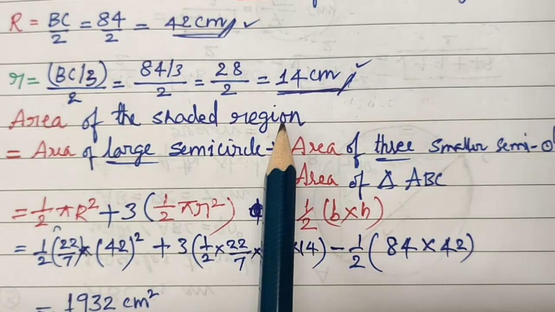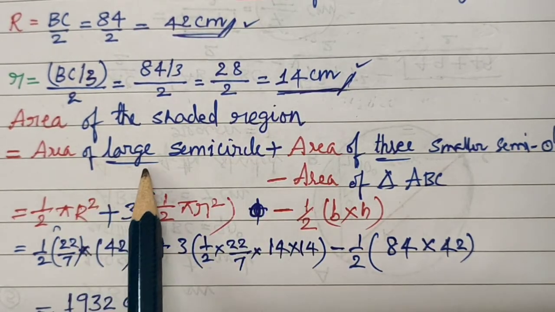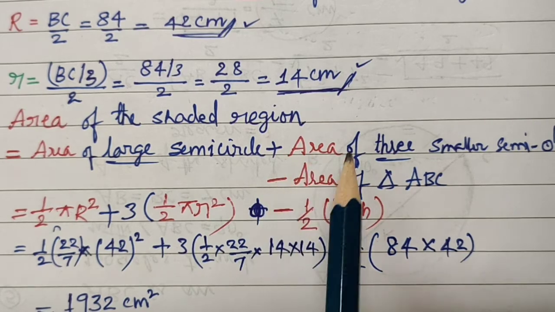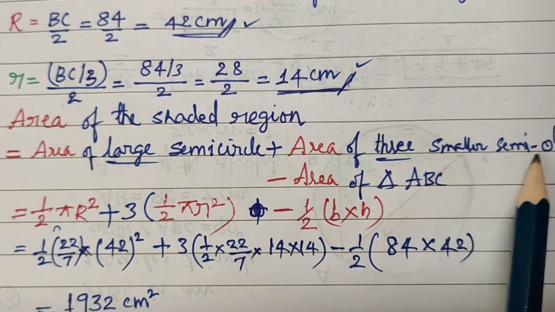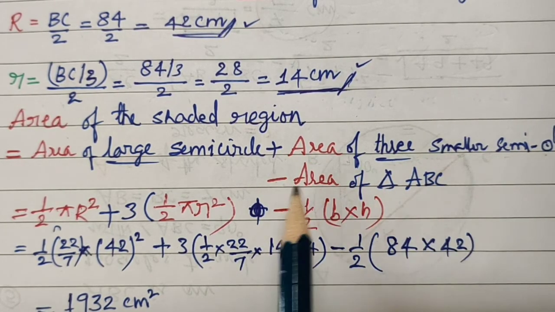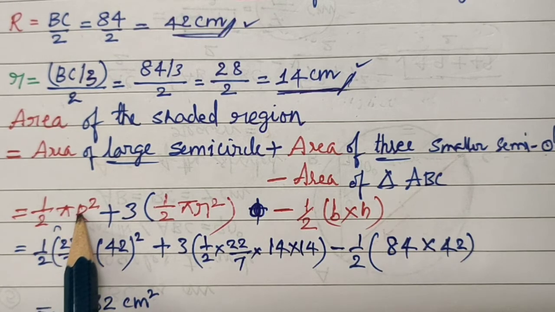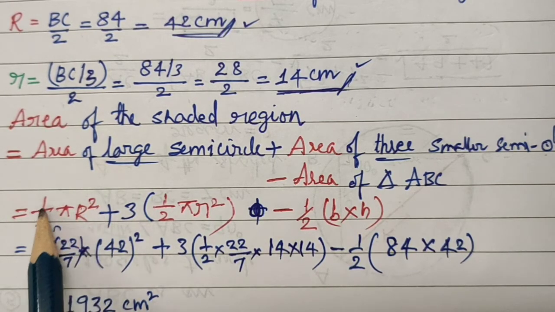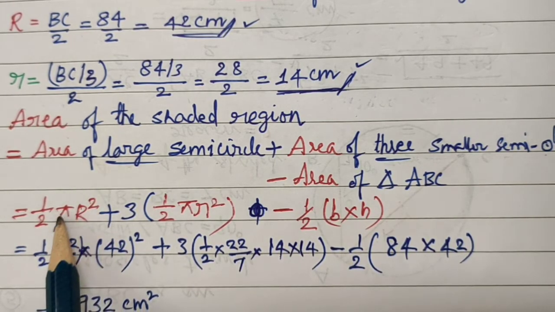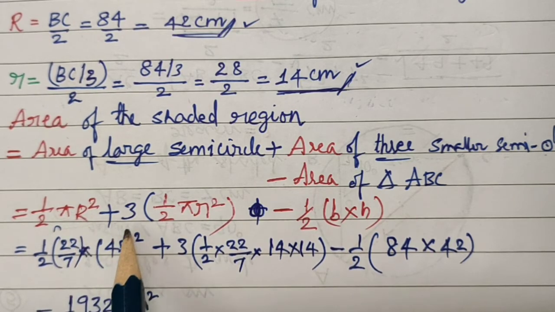Area of the shaded region is equal to area of the large semicircle plus area of 3 small semicircles minus the area of the triangle, that is half of pi into r square of the semicircle, plus 3 times.